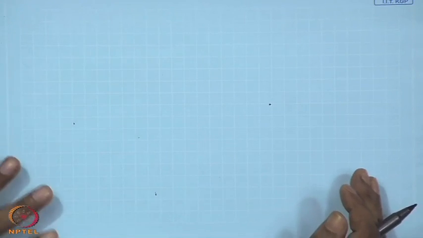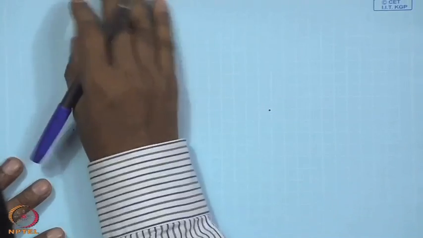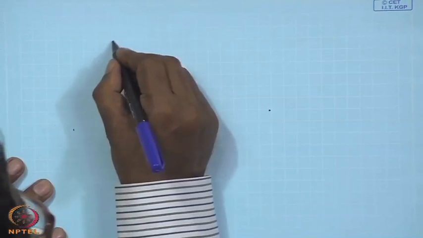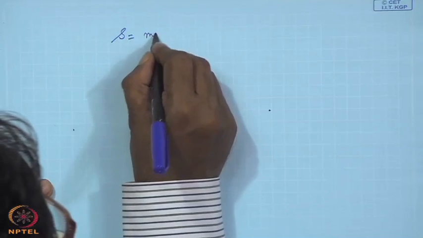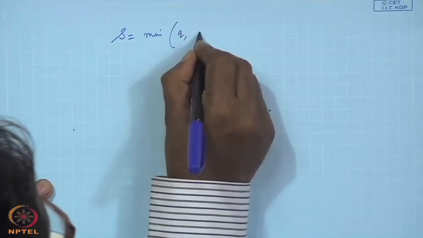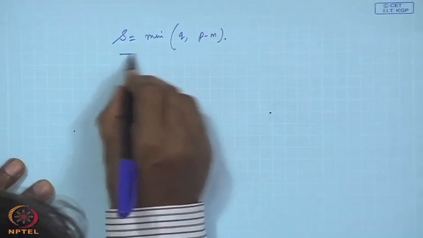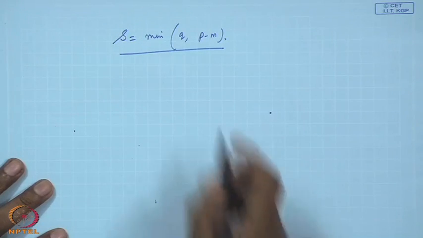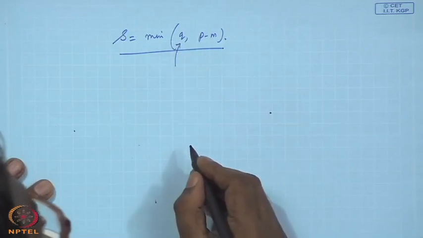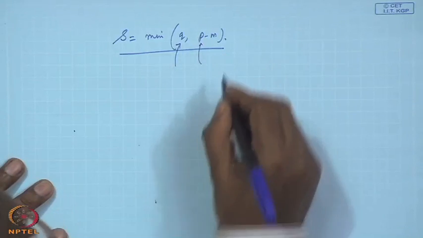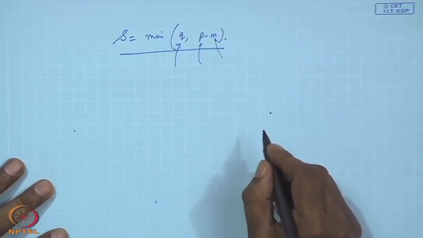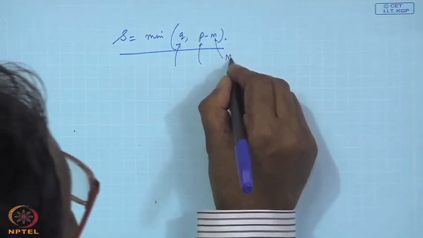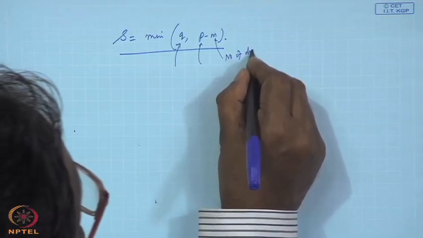Now suppose that we say the order is S, which is the minimum of Q and P minus M. Q is the number of dependent variables, P is the number of independent variables, M is the number of dropout variables.